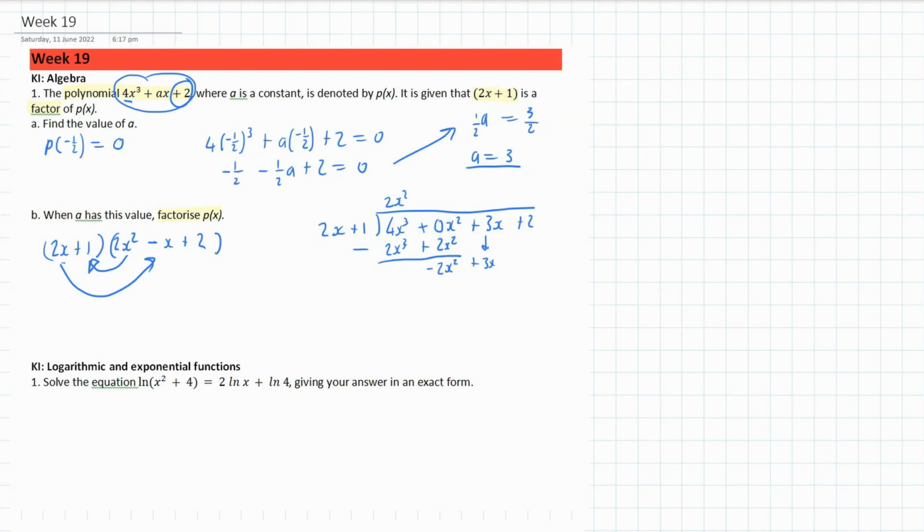Now we're going to go into that, so we need a minus 1, I think. Minus x. Yep. So we get minus 2x squared minus x here, and we subtract that away, and we're left with 4x. You're going to bring down this plus 2 here, and now you go 2x plus 1 into that, well, you can see easily that's just going to be plus 2. So we get 4x plus 2. Subtract that out, no remainder. So there we go. This is our answer then, isn't it?